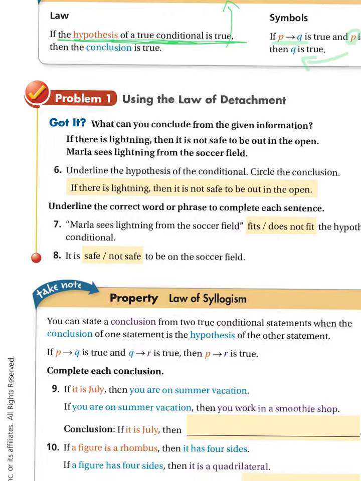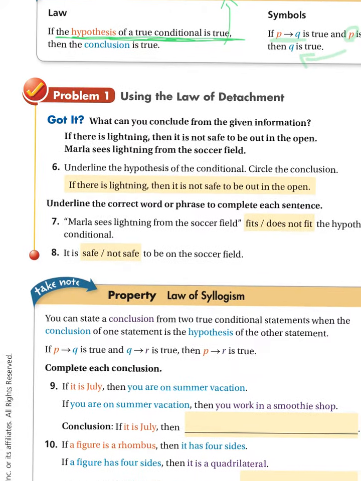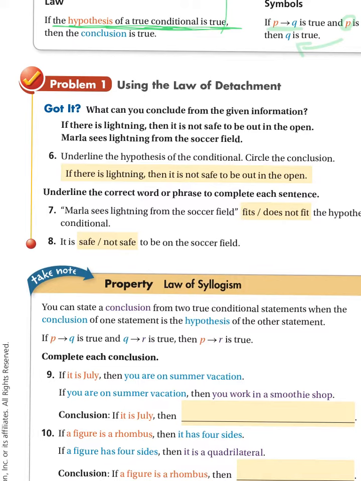So let's look at problem 1 here. If there is lightning, then it is not safe to be out in the open. That's a conditional statement. If, then. When you're using detachment, there'll be another little statement that is detached at the bottom.